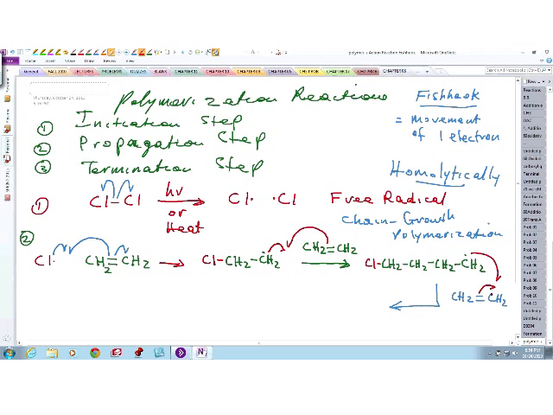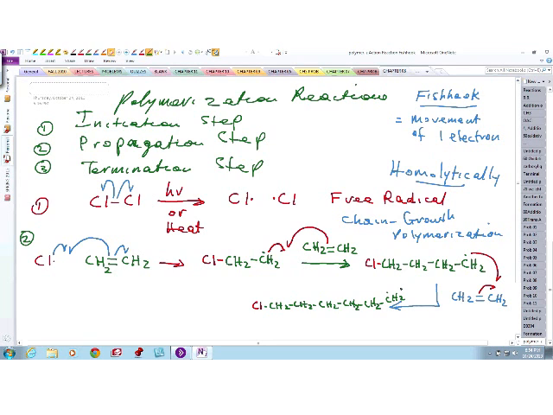This electron here comes here, so now you form a bond between this carbon and this carbon. Another free radical. So you can see here, we continue this process.